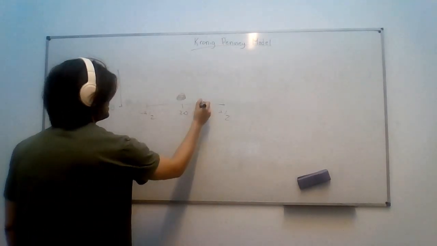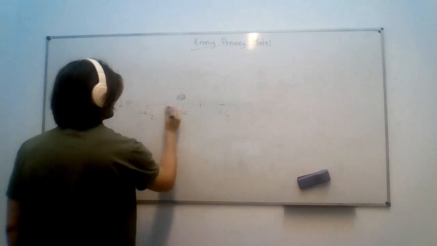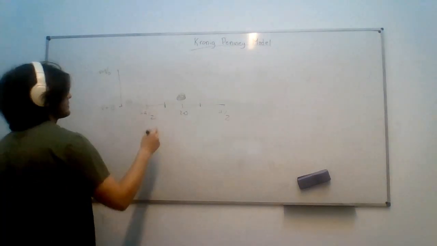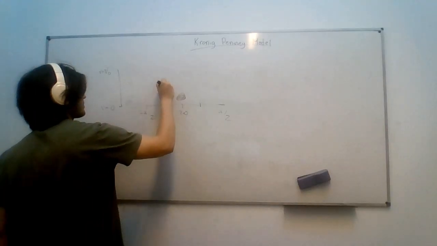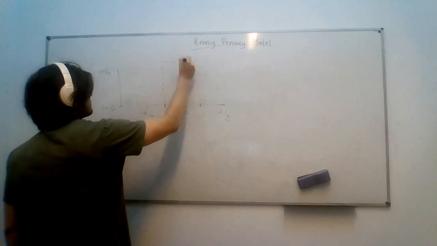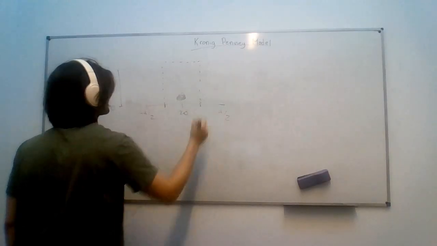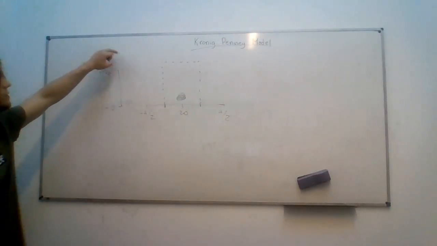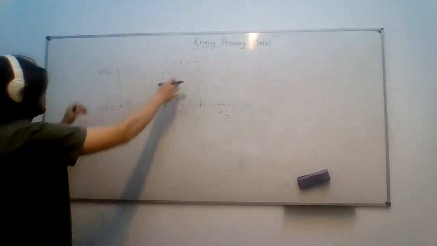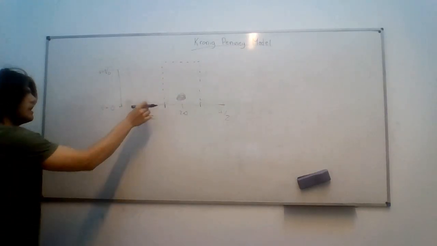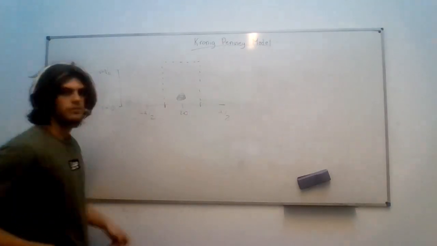And I'm going to define it that in a region around the atom, where these points are also equidistant, we have this big potential barrier. Within this region, the potential is going to be equal to V naught. Meanwhile, outside, it's just going to be equal to 0.